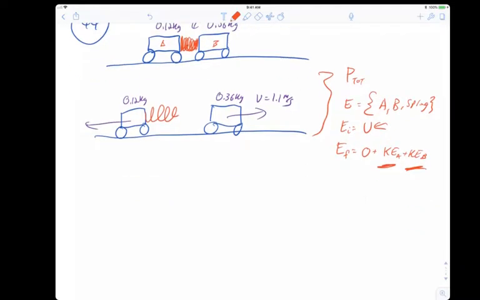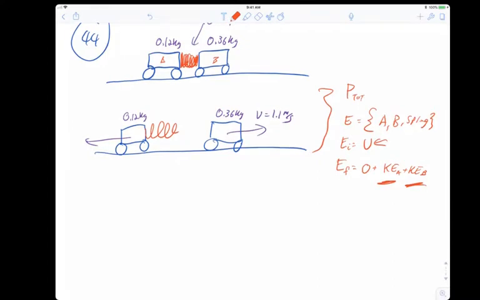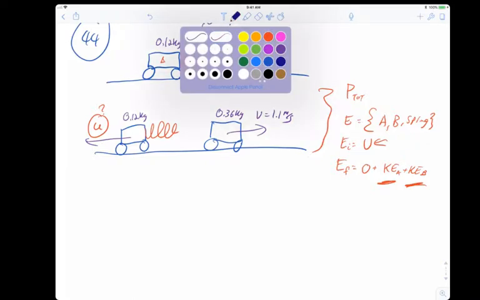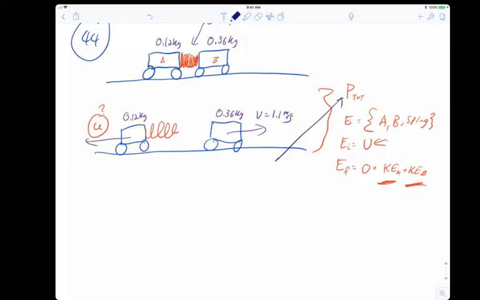Okay, so here's the fun bit. We don't know what this velocity is, but we can use conservation of momentum to figure that out. So P total is equal to 0 because they're not moving.